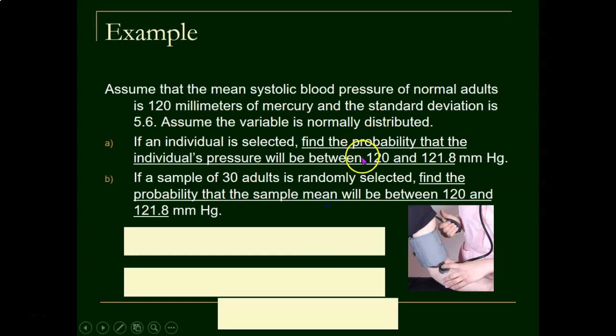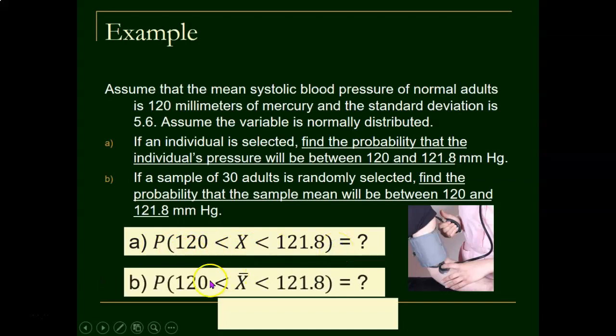So I've underlined what it is they're asking us to find in each part. In part A, we're supposed to find P of, or the probability of X, our random variable being just an individual's blood pressure. We want the probability of X being between 120 and 121.8.